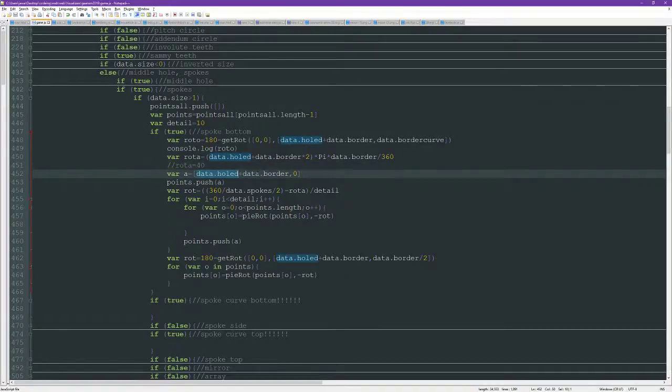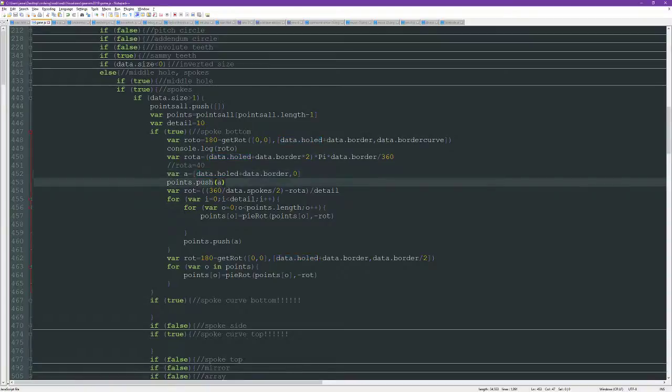But no, because we're just going straight out. That is where A is. A is being pushed into points. And what are we doing?